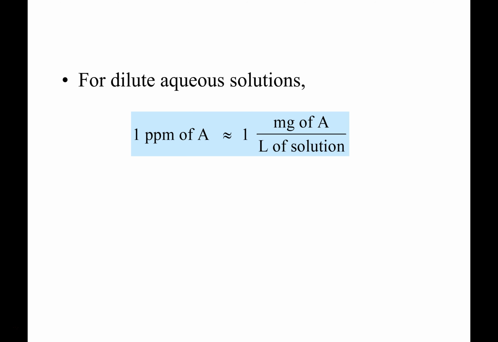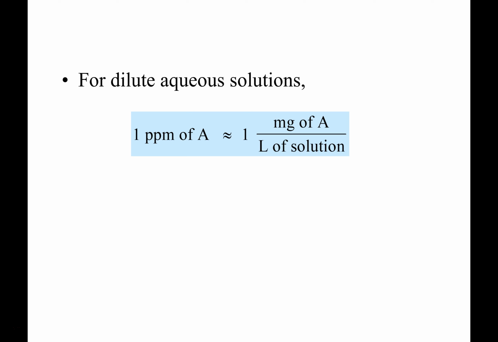I don't usually do this little proof. I usually do it like this, but my point is, if it's a dilute solution and the solvent is water, dilute aqueous solution, then actually the way this works is 1 part per million of the component A is approximately equal to 1 milligram of that component per 1 liter of the basically water that's floating around. But that only works. The more you go ahead and increase the mass of this, the more that this becomes not true.